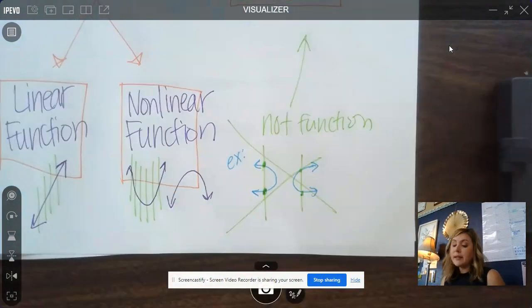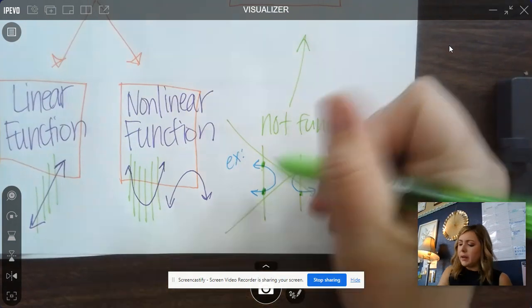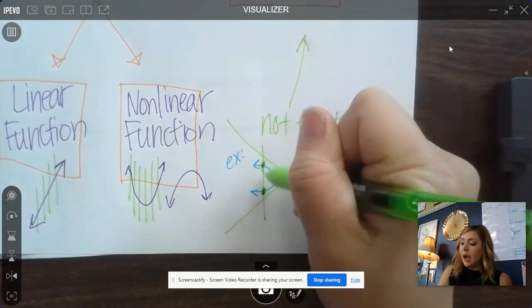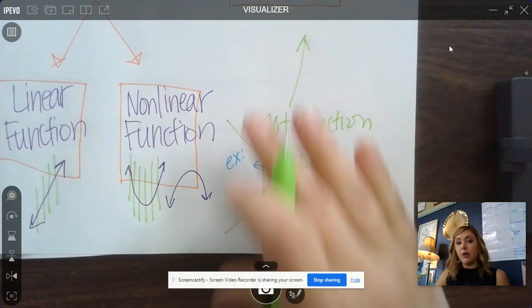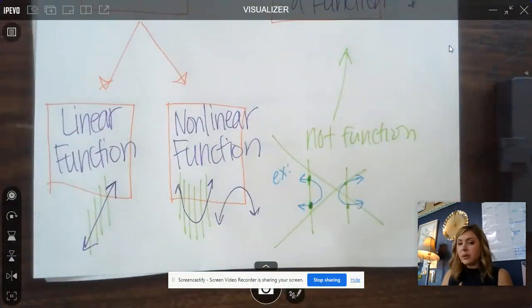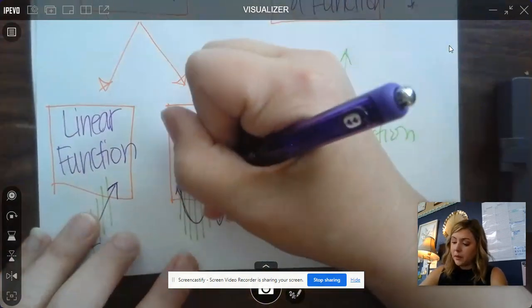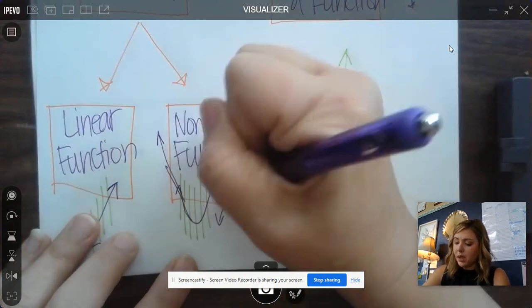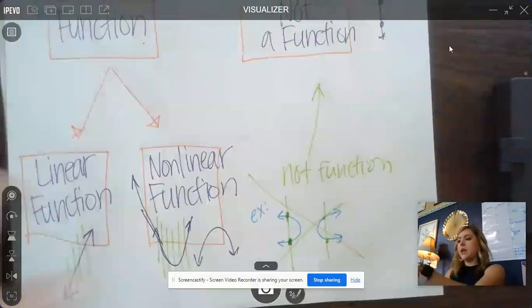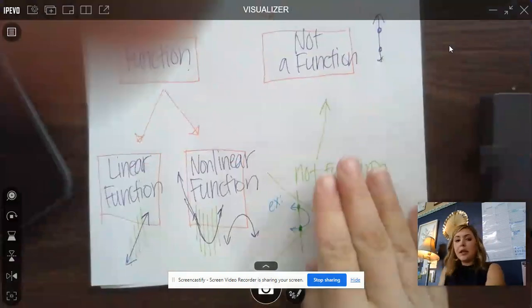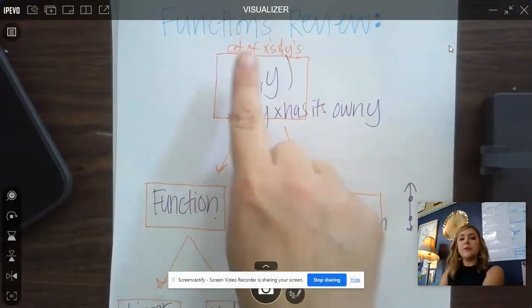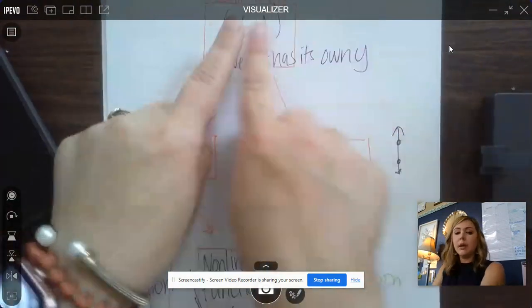So if they are facing left and right, whether it's a curved line or anything like that, and we can see, wait a minute, this x has different y's, they're not a function at all. If it's up and down, even though it doesn't look like it, this line will still go on diagonal for a long time. So remember, full picture here, we're determining if things are a function, if every x has its own y.